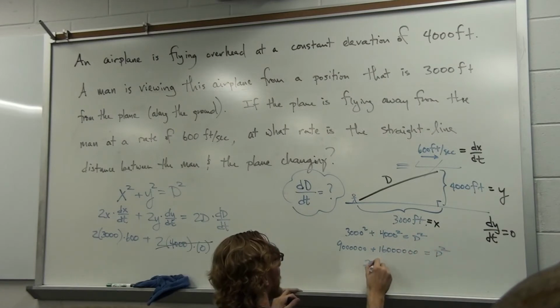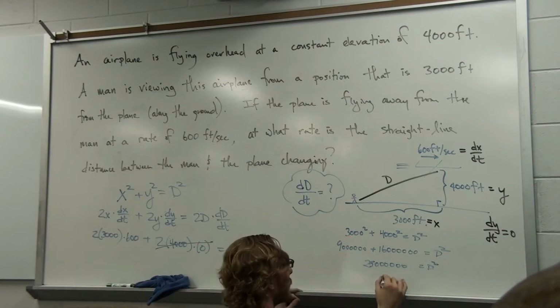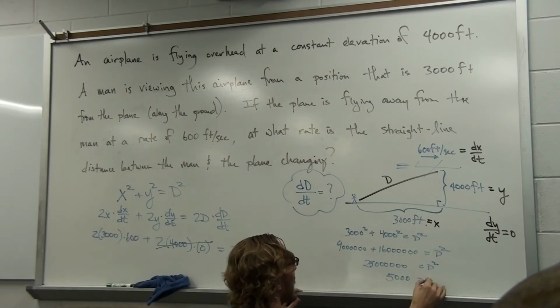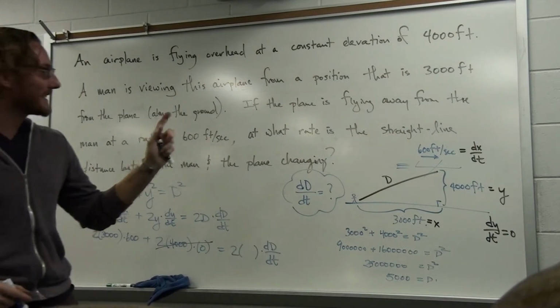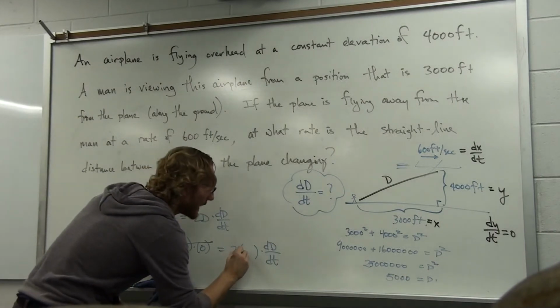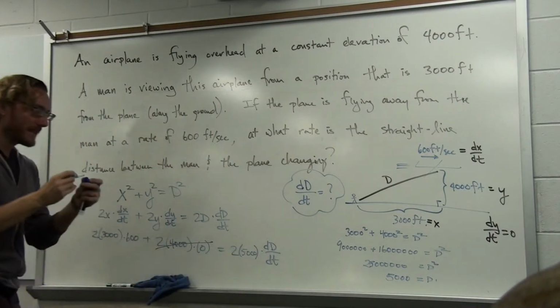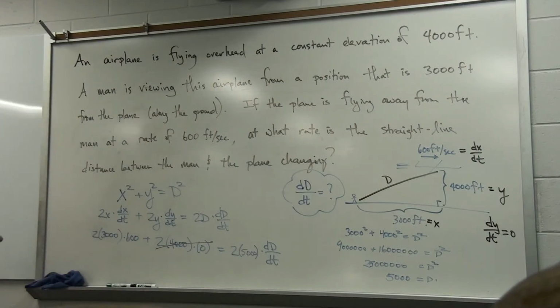So that means 25 million equals d squared. And if you take the square root of both sides, you'll see that d is 5,000. So Pythagoras gives us our d. Our d was the only thing left that we needed so that dd over dt is the only unknown in our equation, and now we simply need to crunch the numbers.